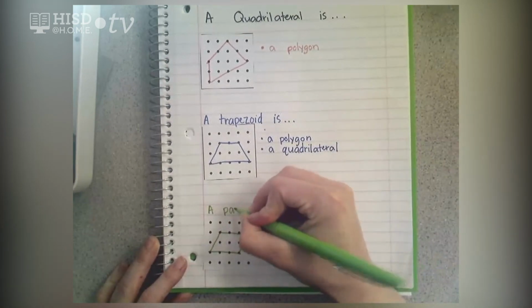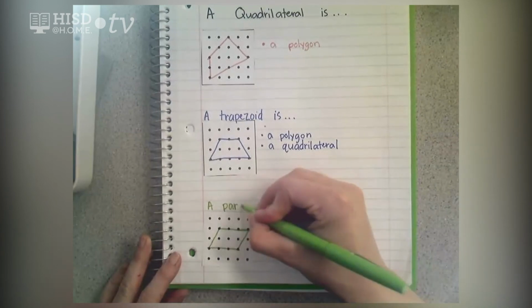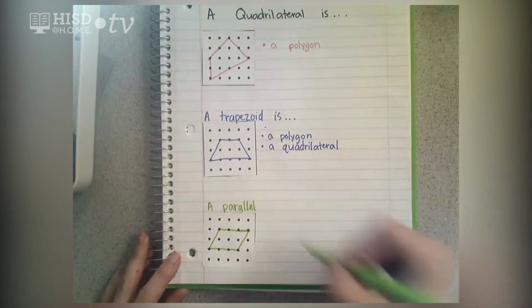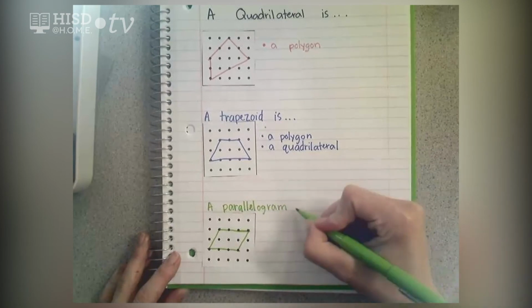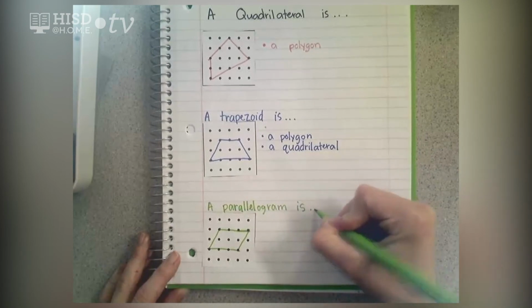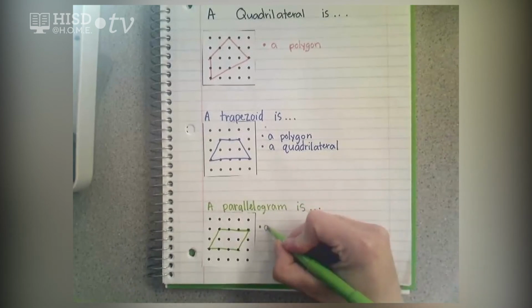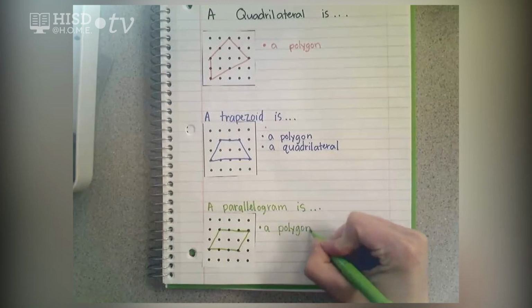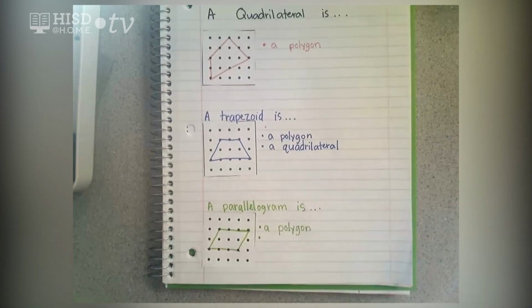I always get my R's and L's mixed up in this, so I'm going to make sure I write this correctly. A parallelogram is also a polygon because it's a closed figure with straight lines. It's also a quadrilateral because we have 4 sides and 4 vertices.